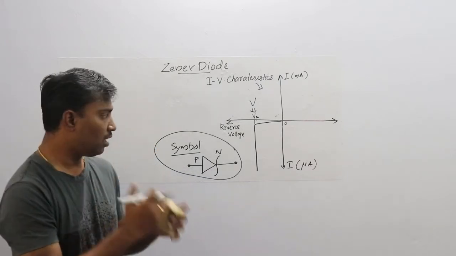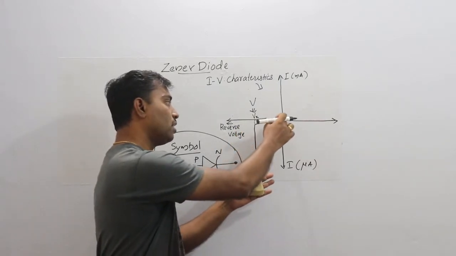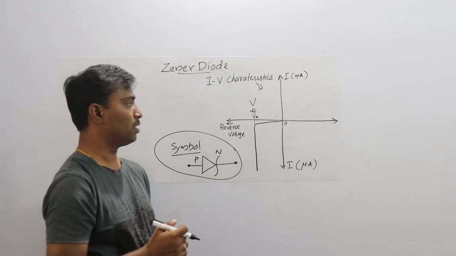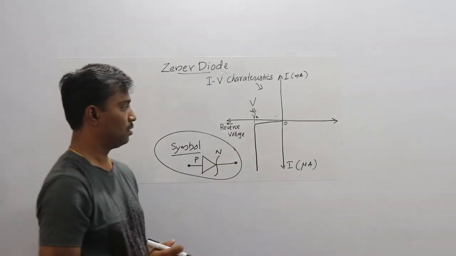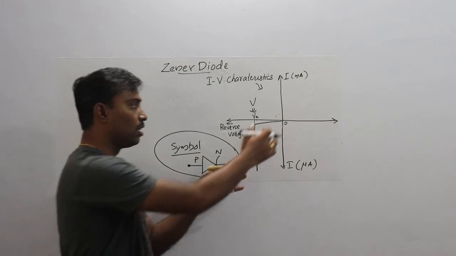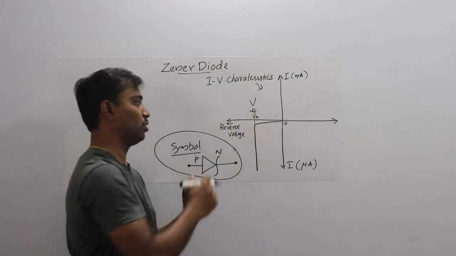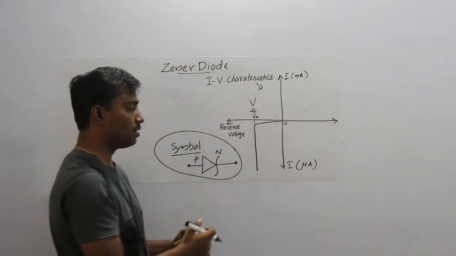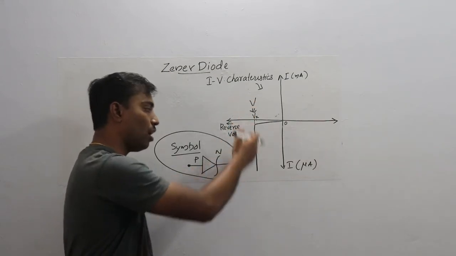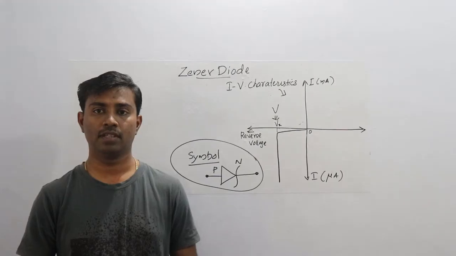Here we are increasing the reverse bias voltage, and for a particular voltage there is a sharp increase of current.